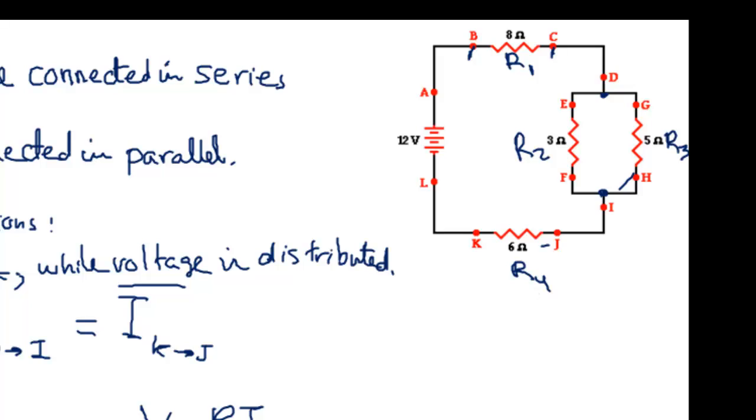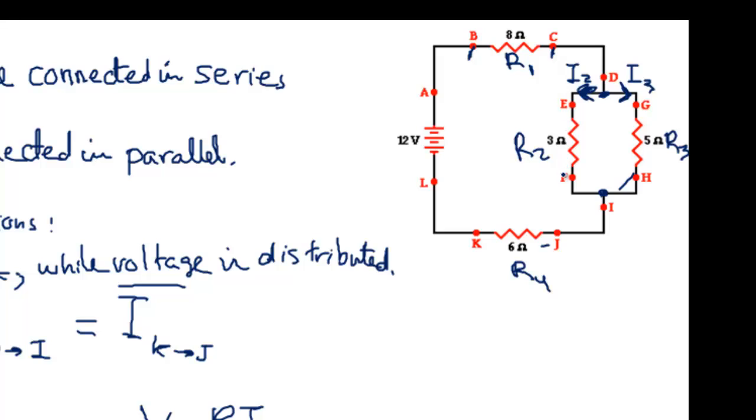The current will split. Now the question is, which one will get bigger current? Now the current that goes through R1 here, through the 8 ohm resistor from B to C, will reach this junction and it will split into 2 currents. Okay, it will split into 2 currents. Let's call them I2 and I3.